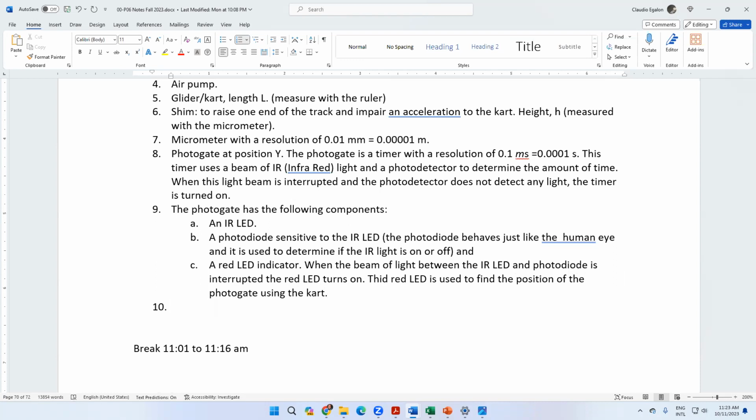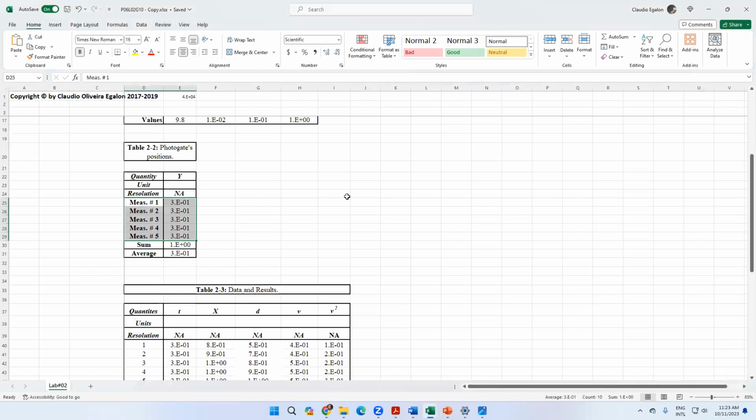That's the procedure that we do. And we get 5 measurements of Y using this procedure. Those 5 measurements are all about here. They're almost the same.